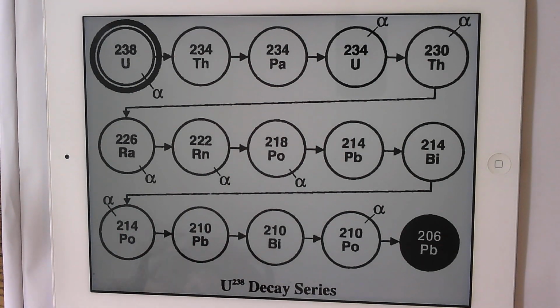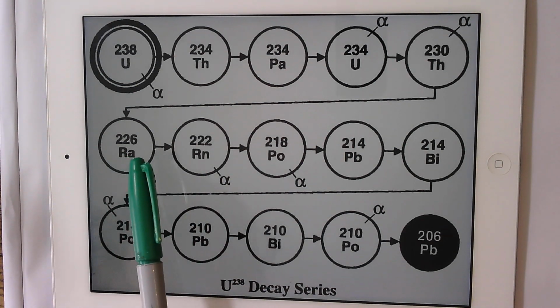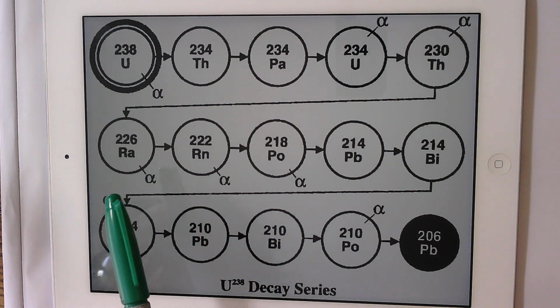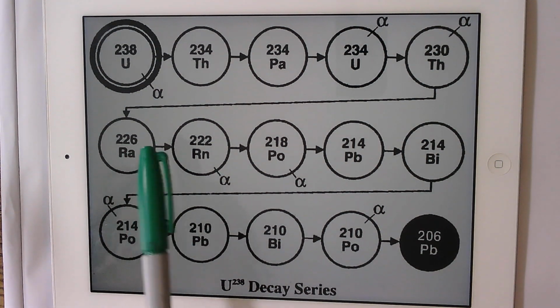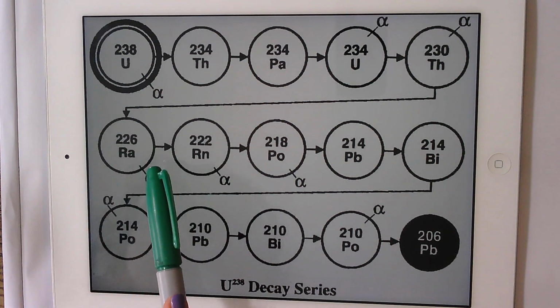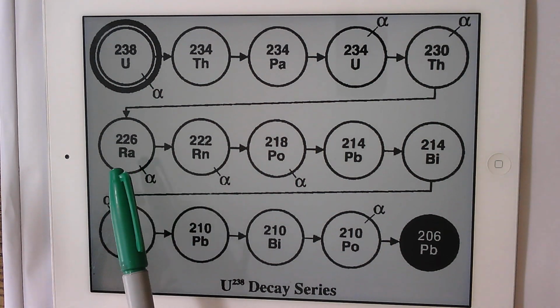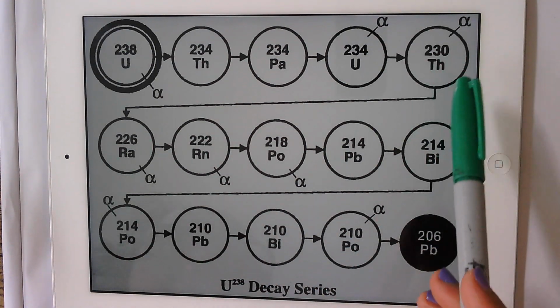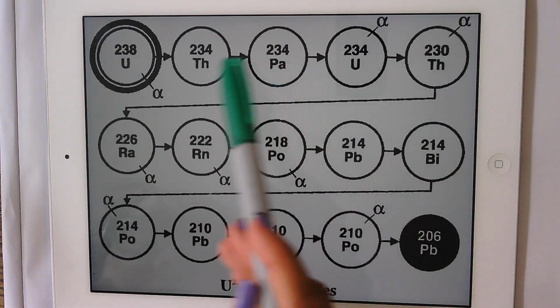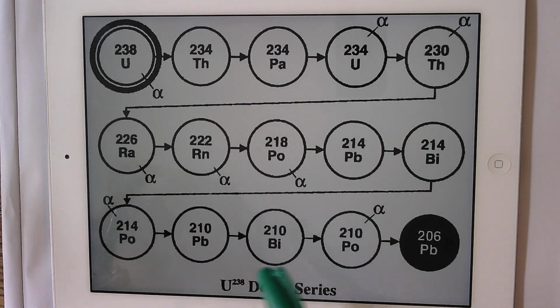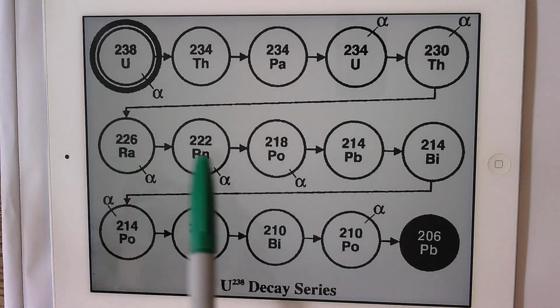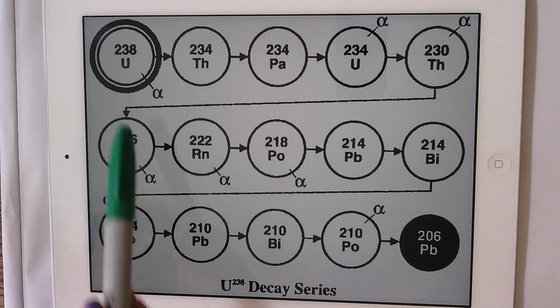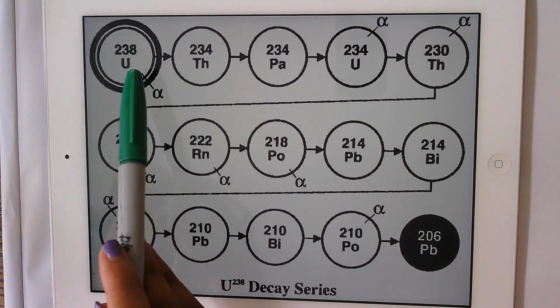So that means the quantity of radium in the sample remains constant, which means that the rate of decay of radium is equal to the rate of decay of the element before it, thorium. But this applies to the entire series, so we can say that the rate of decay of radium is equal to the rate of decay of the original uranium.